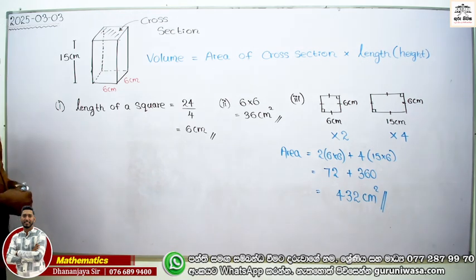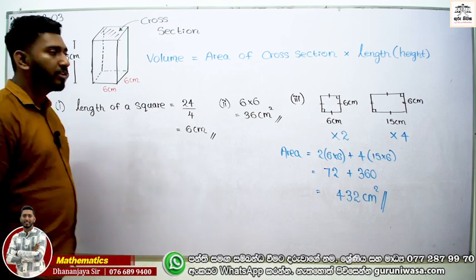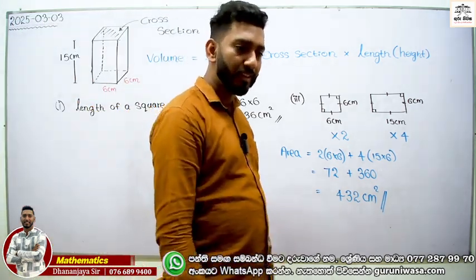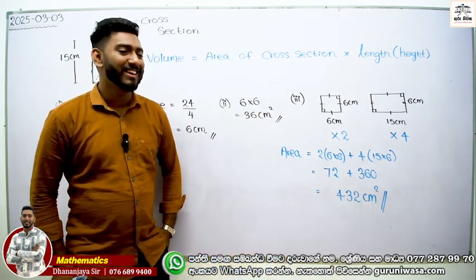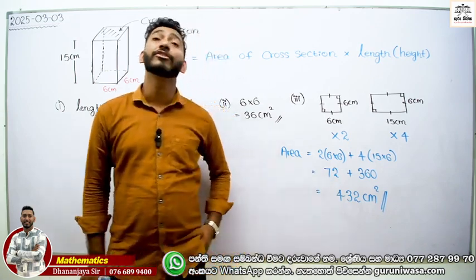Yeah, very good. Very good. Niyamai Dulanga, very good. This is a total surface area. Pranithu, tenaledu pudata. Niyamai. Okay, done. Right? 432 cm squared.